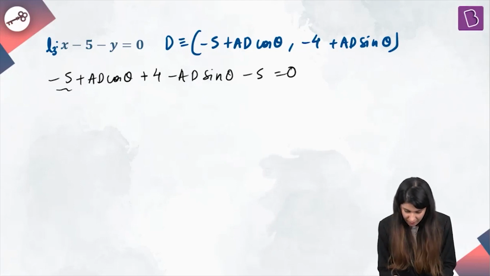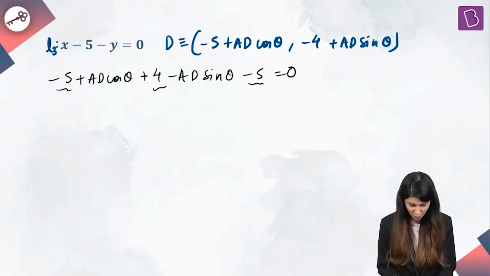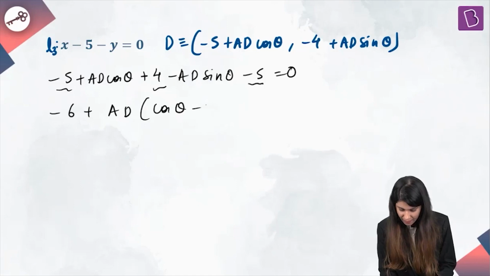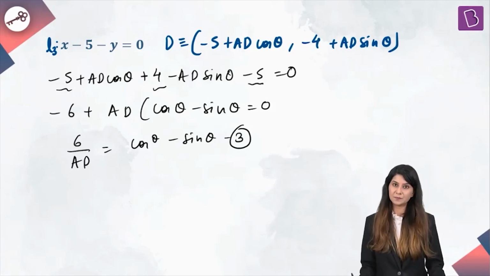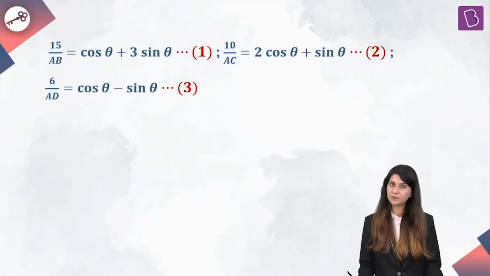Constant terms, minus 10 plus 4. Minus 10 plus 4 is minus 6 plus AD cos theta minus sine theta equals to 0, or rather 6 by AD is equals to cos theta minus sine theta, equation number 3. So now we have 3 equations which are these.